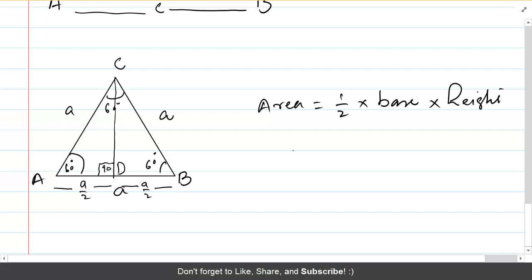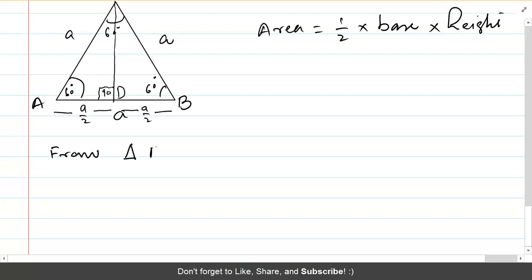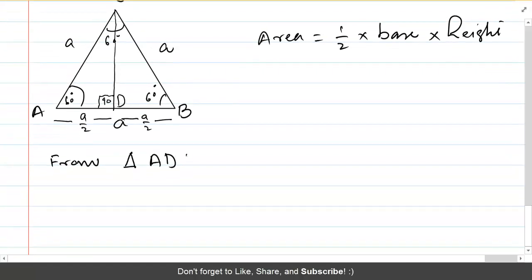And now from triangle ADC, if we were to apply the Pythagoras theorem, which states hypotenuse square is equal to base square plus perpendicular square.